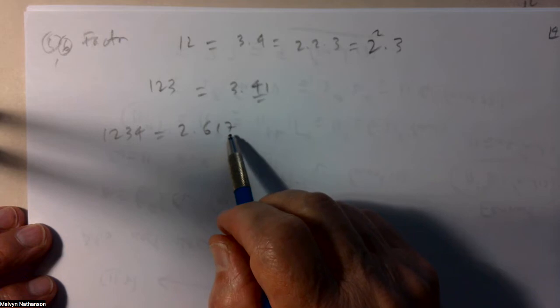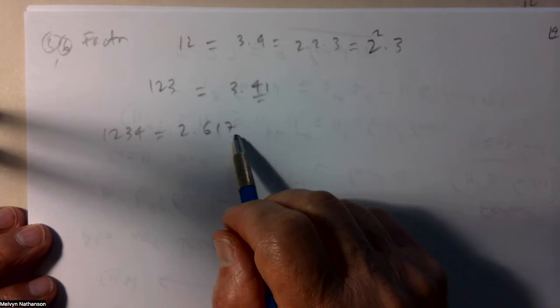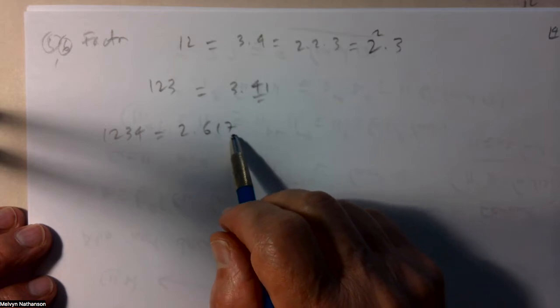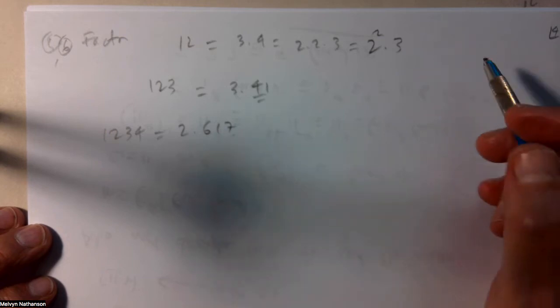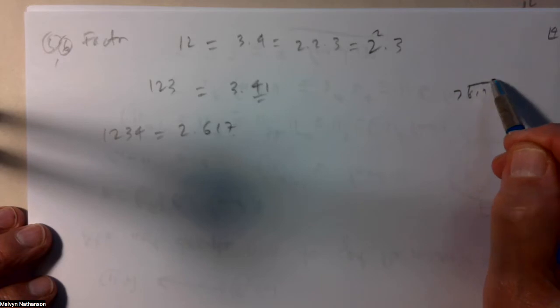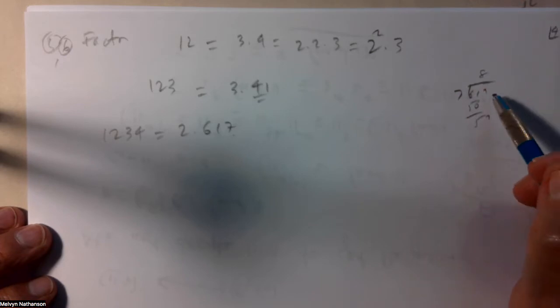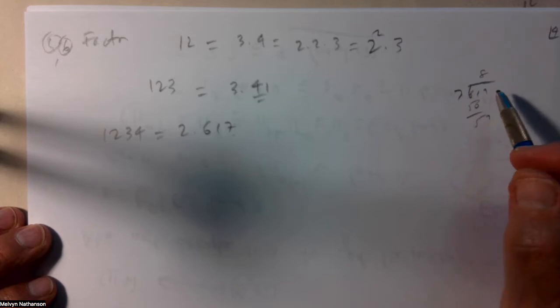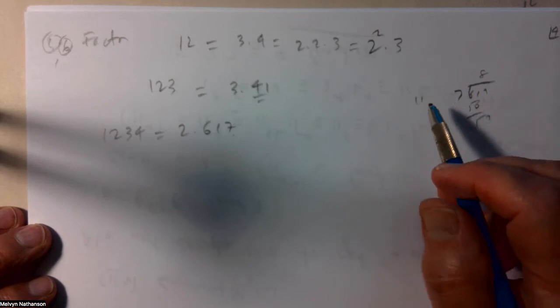Let's see, what can I say about 617? I can't divide it by 2. It's not divisible by 2, or 3 or 5. Very easy to check. What about 7? I don't know. I just have to try it. 7 into 617. 8 sevens are 56, 57. No, it doesn't go. 11 doesn't go.